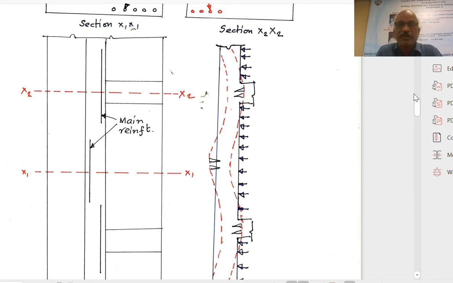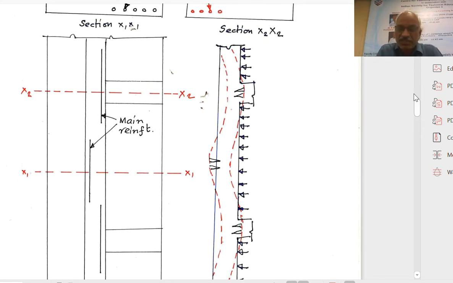For this you have to provide a connection, which is called horizontal stirrups, connecting to avoid separation between the counterfort, namely the support, and the upright slab. We have to provide horizontal stirrups. We are going to do it later.